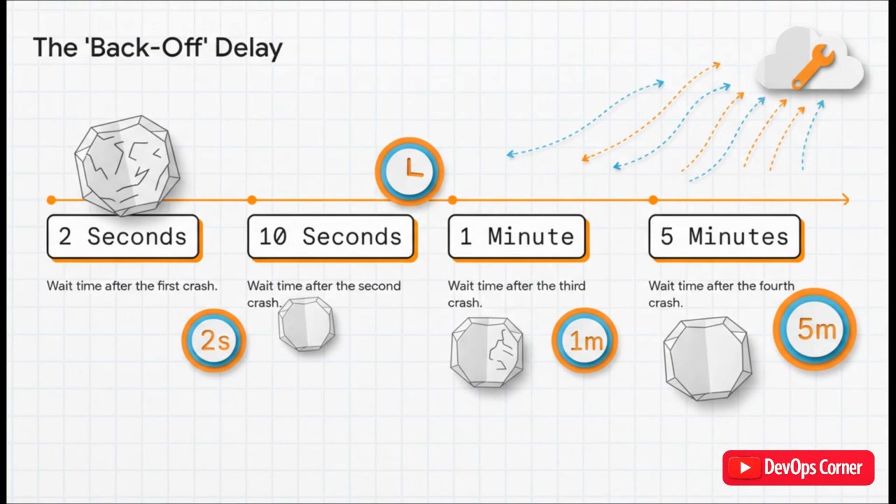It's not just any delay either. It gets longer each time. So after the first crash, Kubernetes might wait, say, 2 seconds. After the second crash, maybe 10 seconds. It's what we call an exponential backoff. The delay keeps growing with every single crash, all the way up to a cap of about 5 minutes. And this is actually super helpful. It gives you, the human, time to notice there's a problem and start digging in, without the system just melting down.